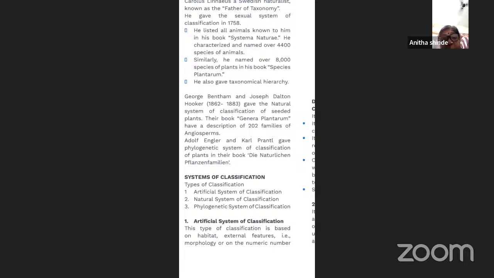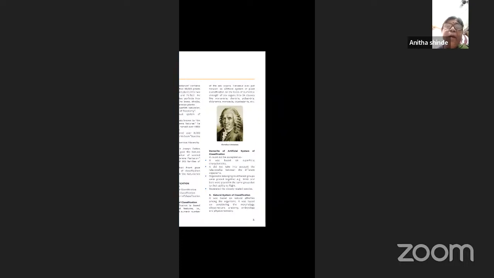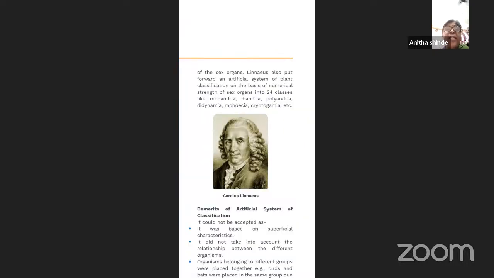How the animals or the plants have been classified based on this particular system. This type of classification is based on the habitat, external features, that is morphology, or on the numeric number of the sex organs.